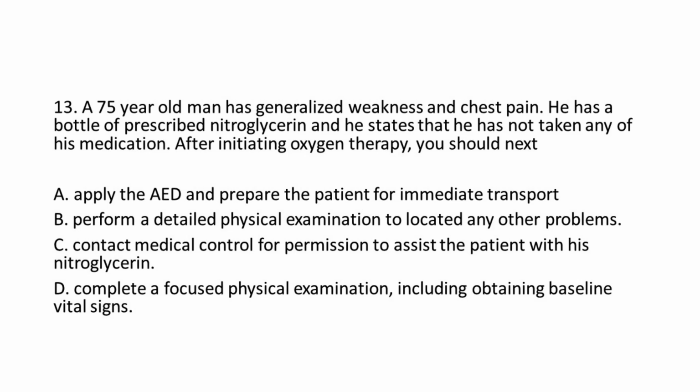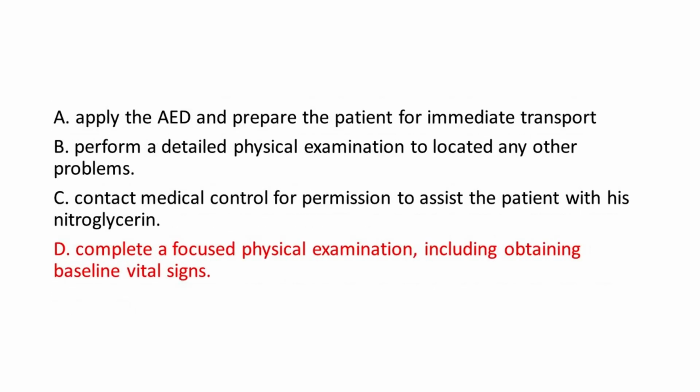B. Perform a detailed physical examination to locate any other problems. C. Contact medical control for permission to assist the patient with his nitroglycerin. D. Complete a focused physical examination, including obtaining baseline vital signs. The answer is D. Complete a focused physical examination, including obtaining baseline vital signs.